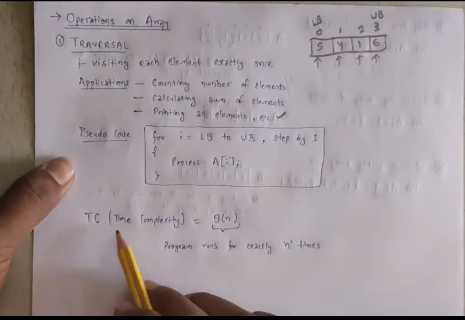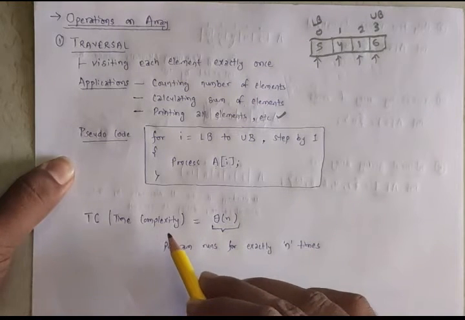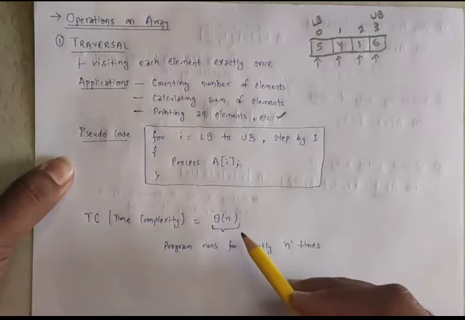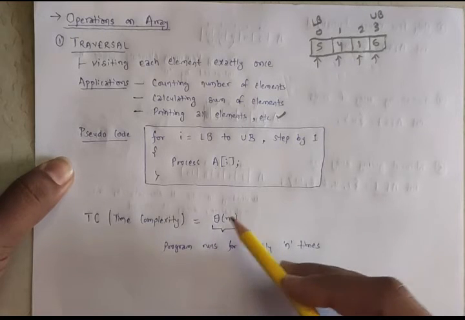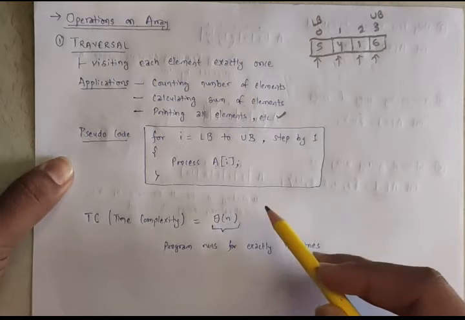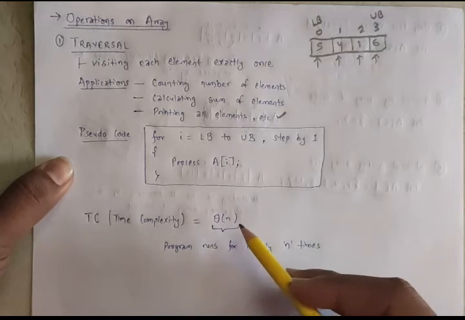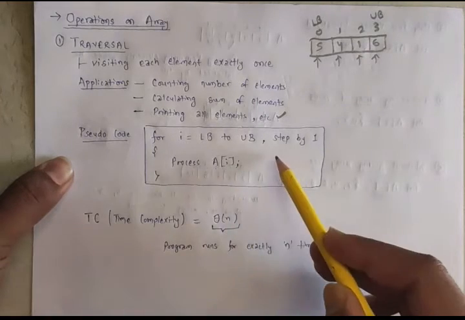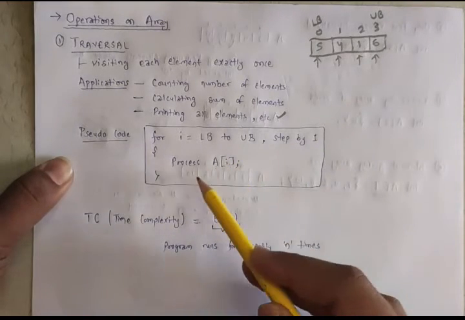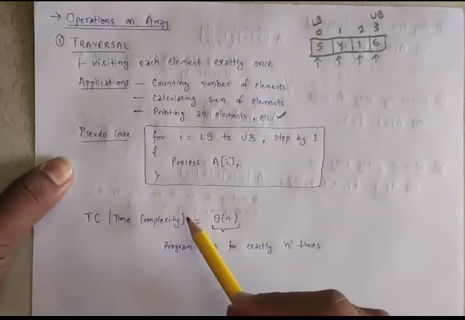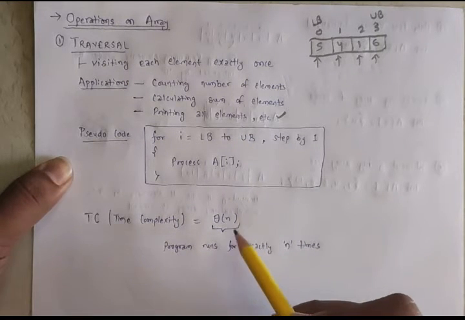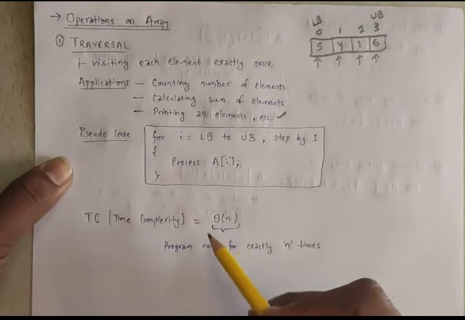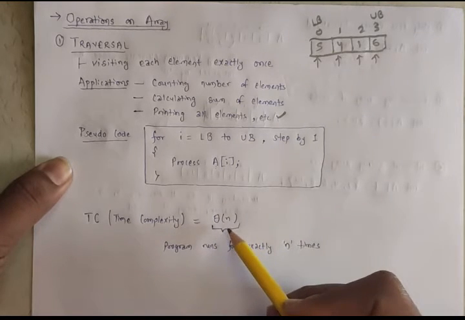The time complexity of this traversal algorithm is theta of n. If you don't have a basic idea of asymptotic time and space complexity, I would like to tell you that if some algorithm is processing for exactly n times, this can be represented in the asymptotic notations by theta of n.